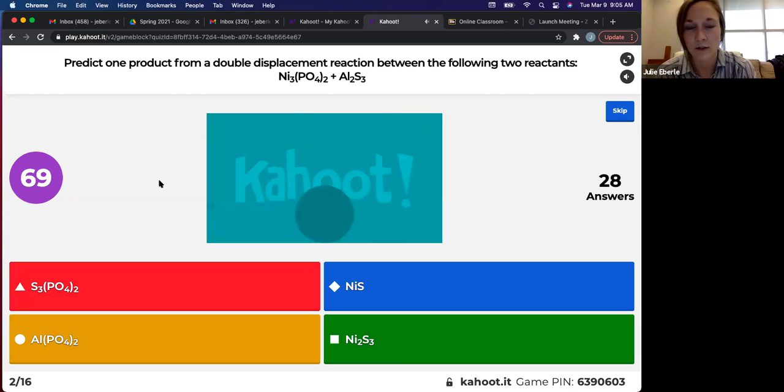Just one product is all. So this looks like, well, obviously it's double displacement. Your cations and anions are going to switch places. So we still have almost a minute left, but 36 people have already gotten their answers in.